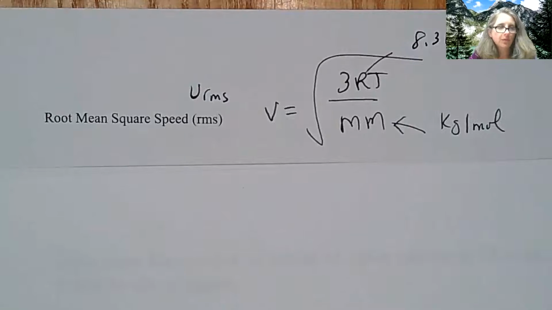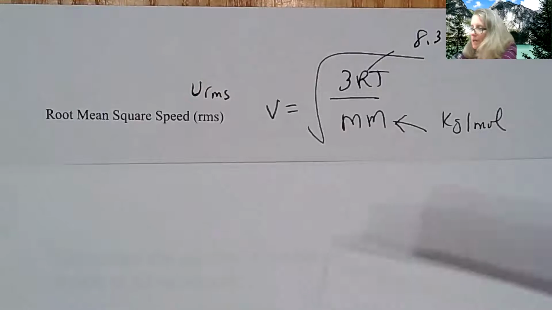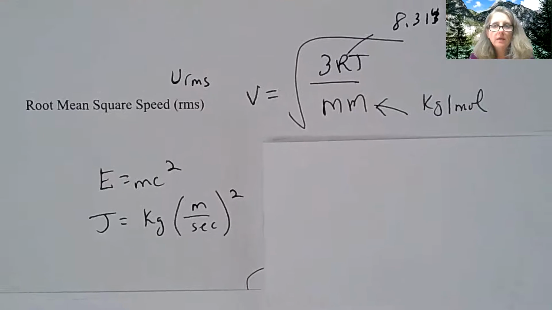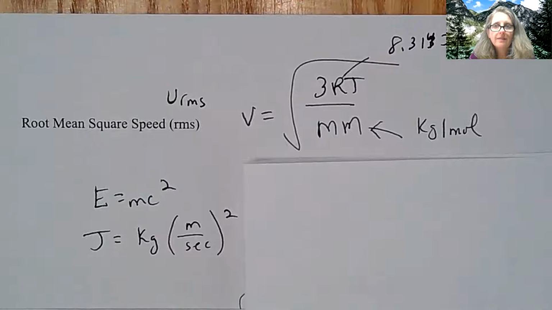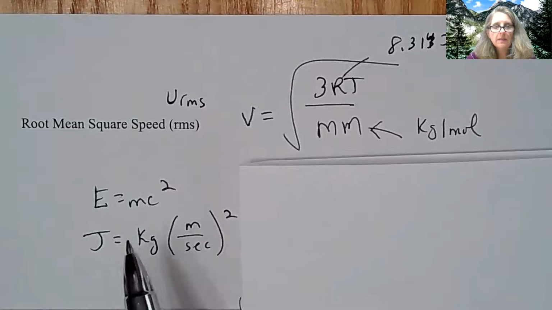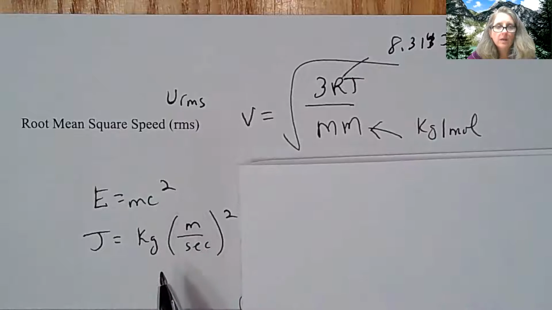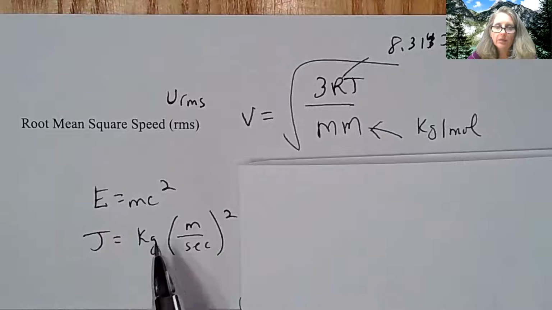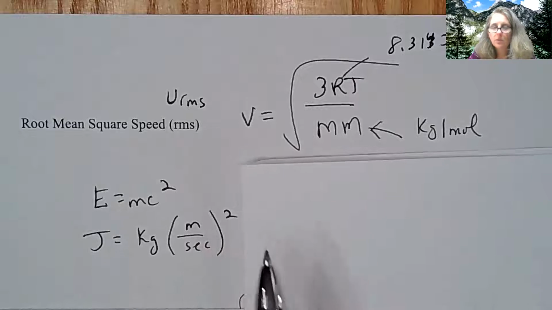So we did this before in a previous discussion, but we know that a joule, coming from Einstein's equation E is equal to mc squared, is equal to kilograms times meters squared over seconds squared.